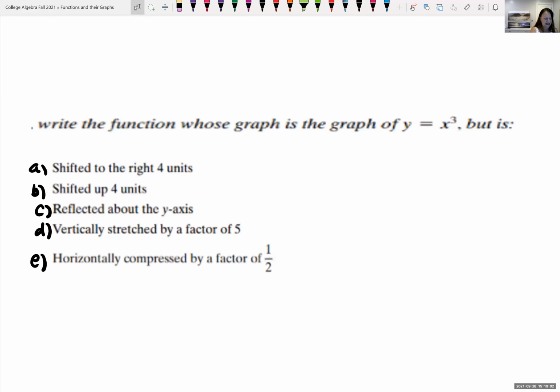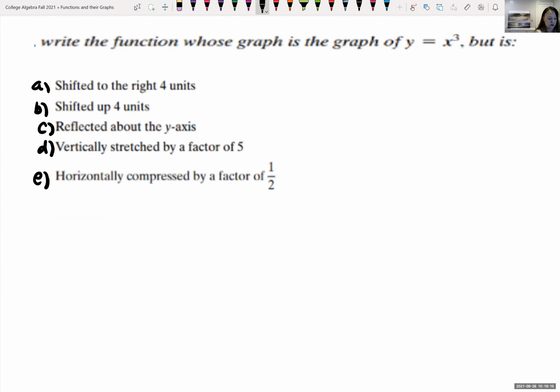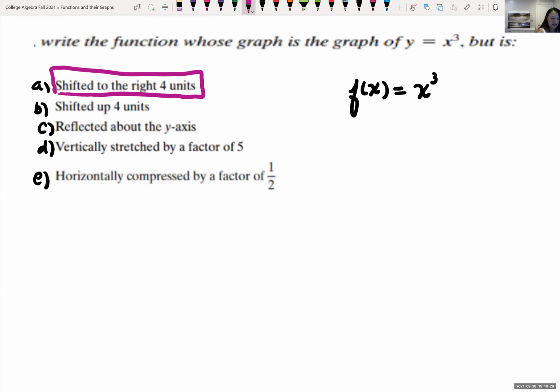Okay, so for the next example, let's write the function whose graph is of y equals x cubed, but has the following transformation. If it helps you, write y as f of x equals x cubed. Part A says, let's shift f of x to the right 4 units.